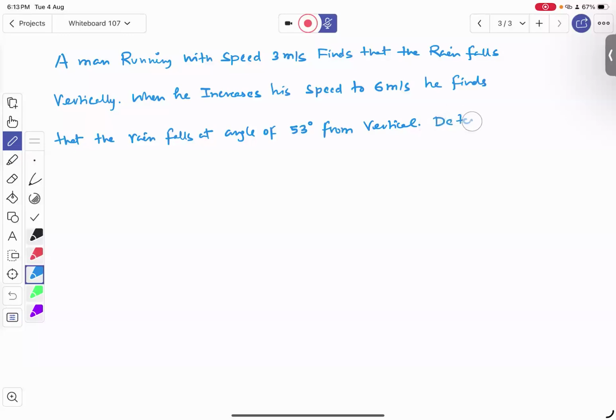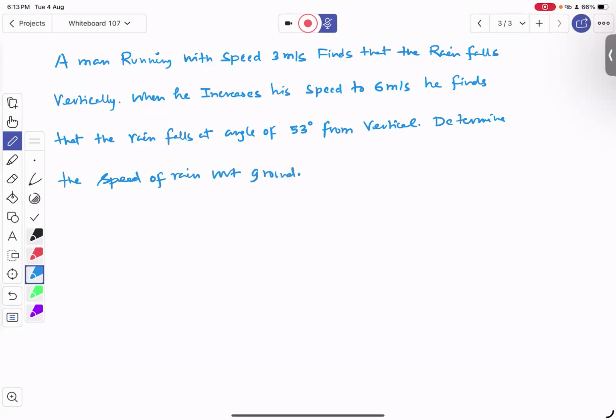So determine the speed of the rain with respect to the ground.